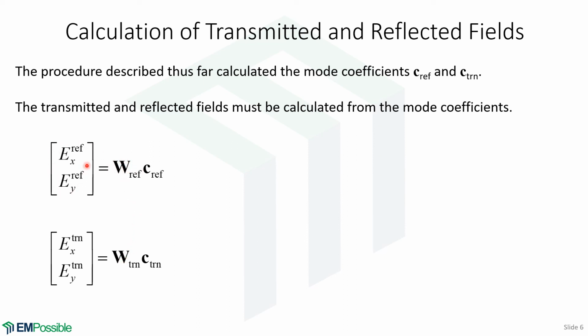So if we want the fields in the reflection side, we pre-multiply by the eigenvectors of the reflection region times the mode coefficients of the reflected fields, and we get our electric fields on the reflection side. Likewise, our fields on the transmitted side is the eigenvector matrix for the transmitted side times the mode coefficients on the transmitted side. Now we know the fields. Now we're in a good position to start thinking about actually calculating transmission and reflection.